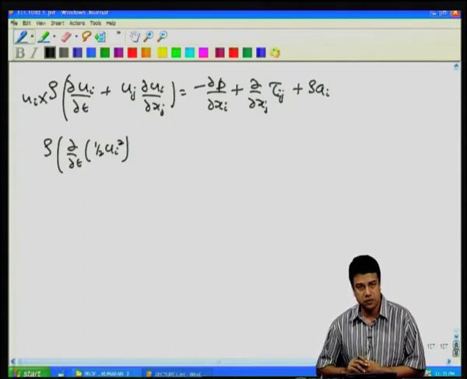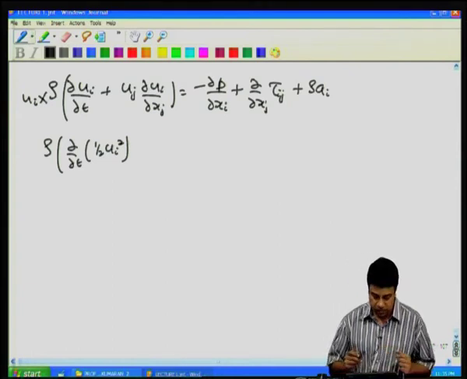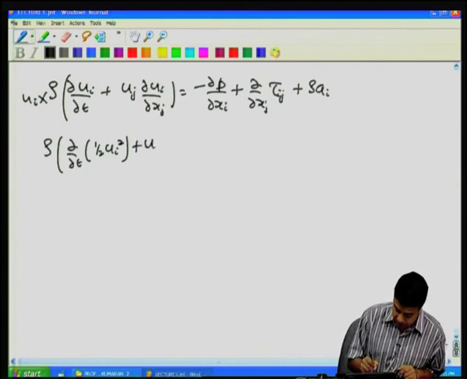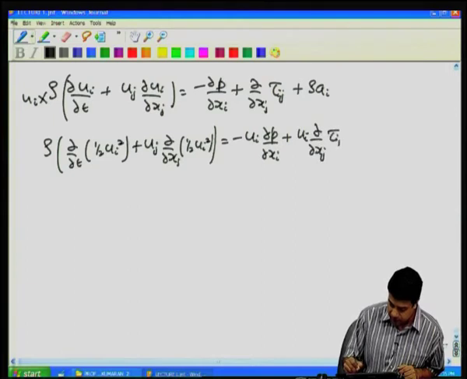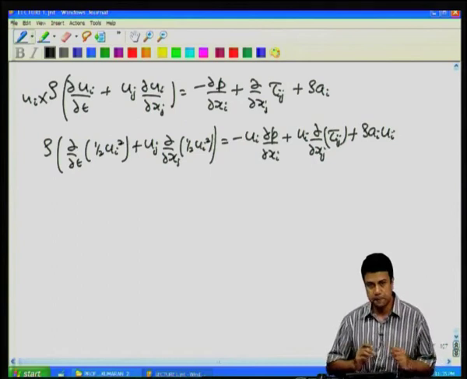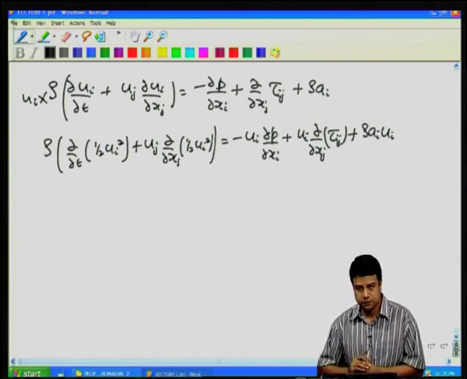Similarly, rho u j times partial u I by partial x j, when you multiply it by u I once again, you just get rho u j partial by partial x j of half u I square, minus u I partial p by partial x I plus u I partial by partial x j of tau I j plus rho A I u I. That is the mechanical energy conservation equation.